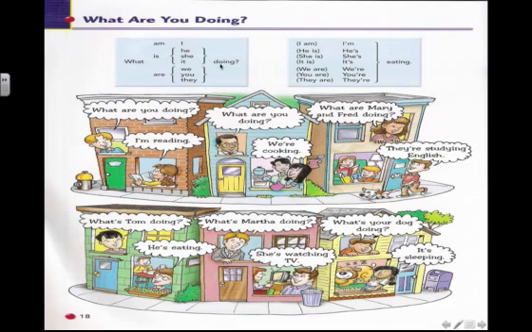Or what is Ali doing? You will answer me, he is eating, he is playing football, he is swimming, he is reading, he is studying. So it depends on you. You have the answer. You can use any present continuous verb.